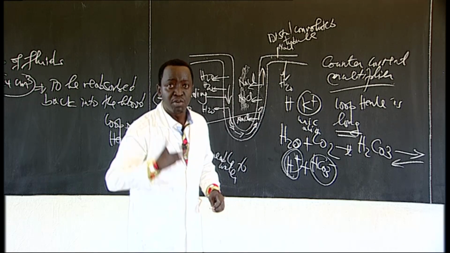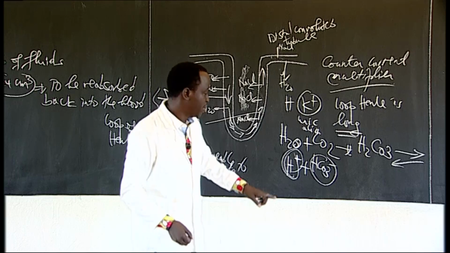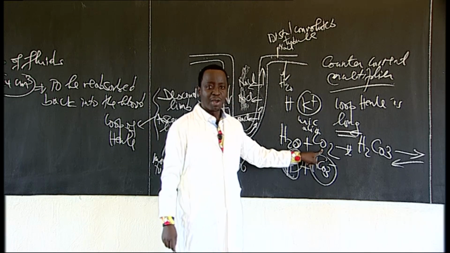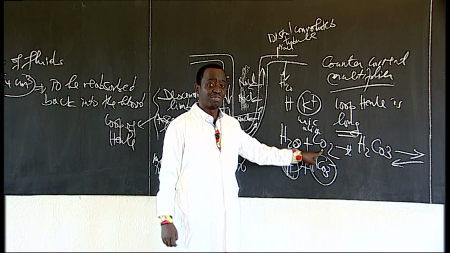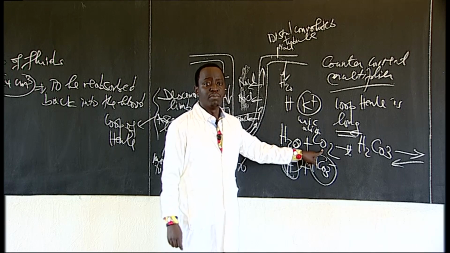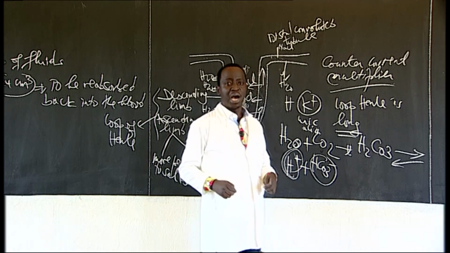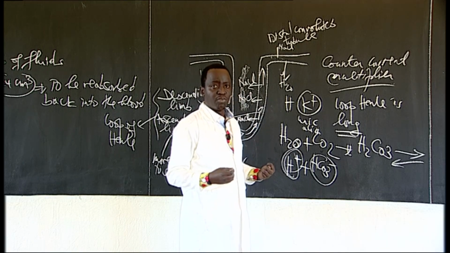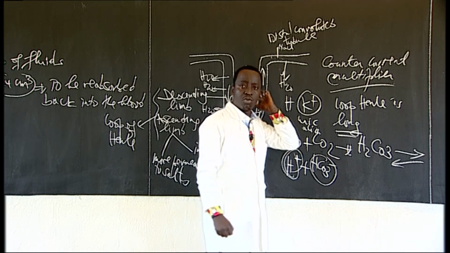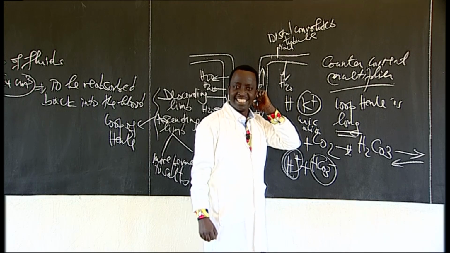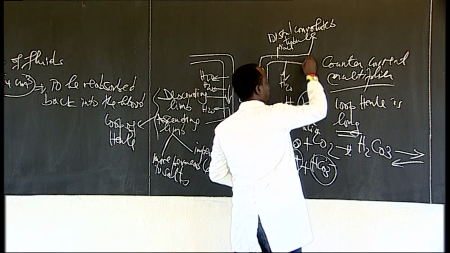Even some urea is going to be formed, where carbon dioxide combines with the amino group to form urea. And some of those secreted ions or waste products are toxic.